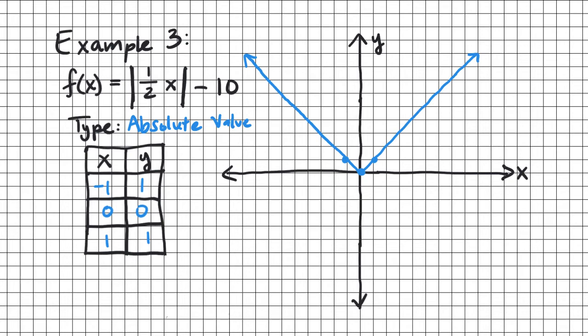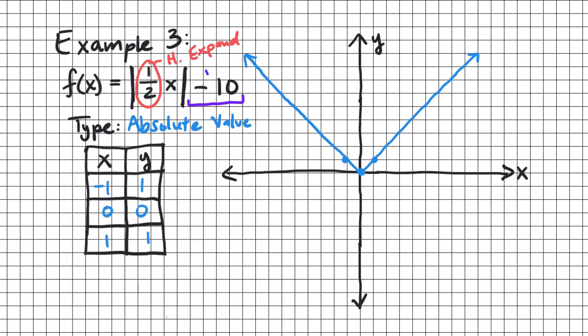All right. Now let's see what's happening to this. It has a 1/2 inside. So inside there's a horizontal, I'm going to put H for horizontal, horizontal expansion. And then the -10 is outside of the absolute value.